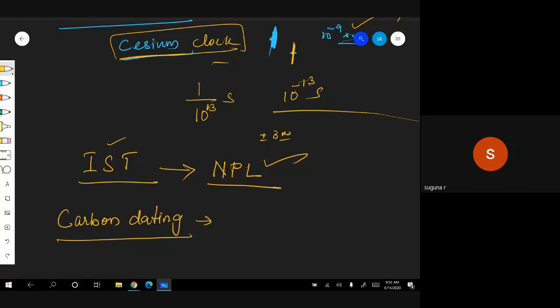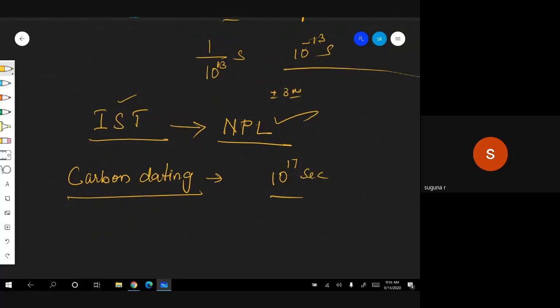You can even find out time intervals of the order of 10 power 17 seconds. Just see how many years 10 power 17 seconds is. From carbon dating, you can find out the age of fossil rocks, the age of the earth, and all the very old materials we are digging up, even Mohenjo-daro and Harappa time, and before that.